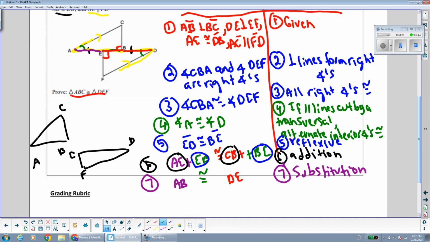What we have now in the two triangles, I'm staring at this and I realized I put the right angle in the wrong spot.